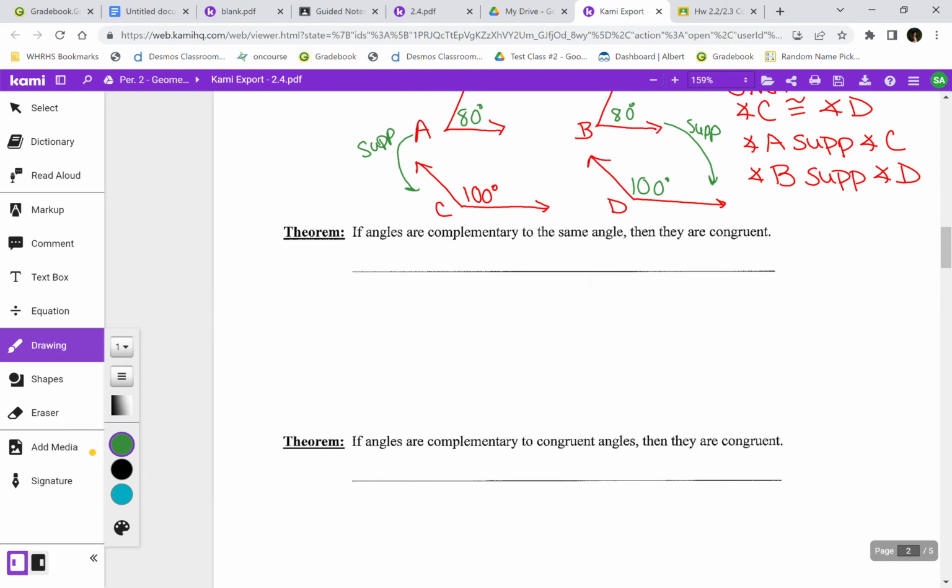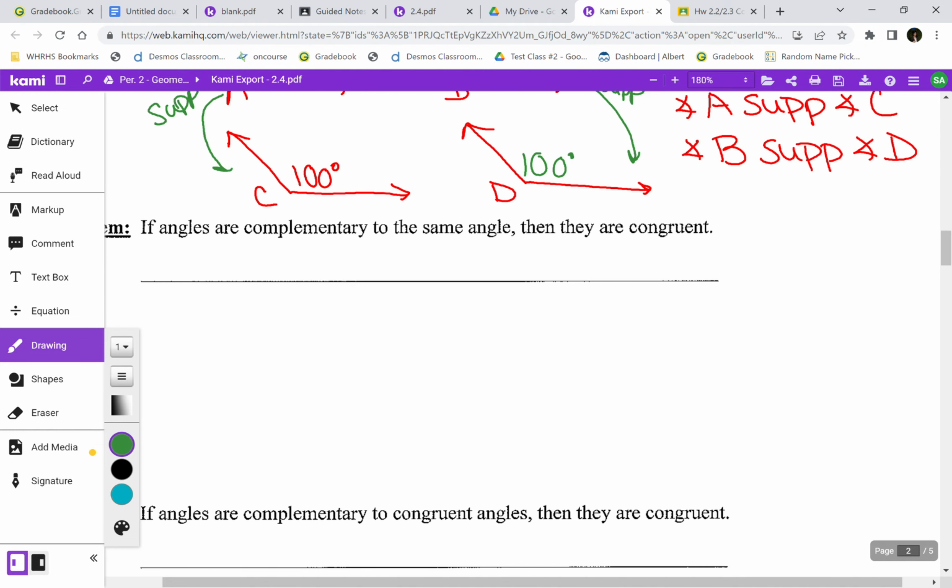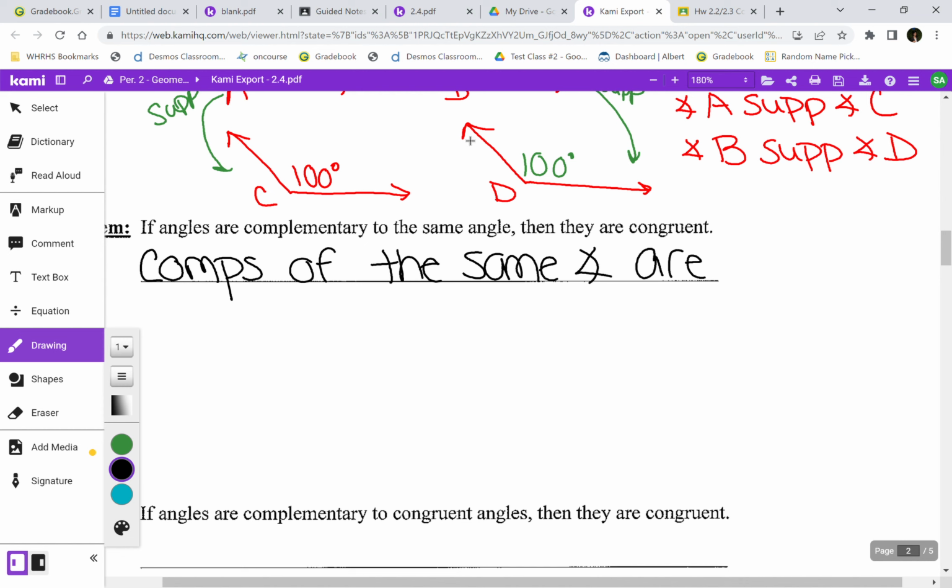Right, now we're going to do the same two theorems again, but instead of sup angles, we're going to talk about comp angles. So it says if angles are complementary to the same angle, then they are congruent. Ready for the shortcut? Comps of the same angle are congruent.